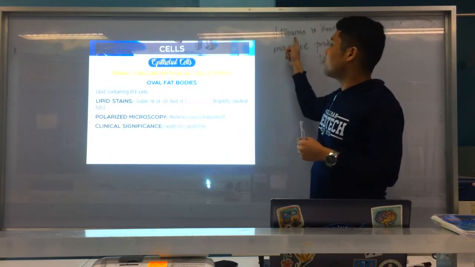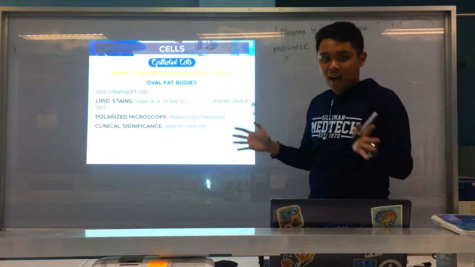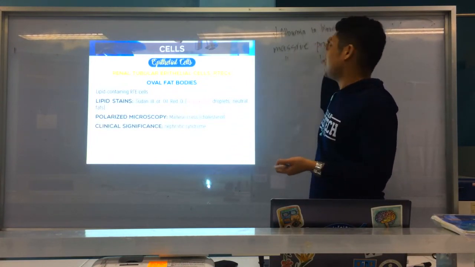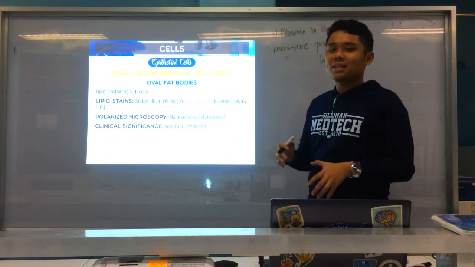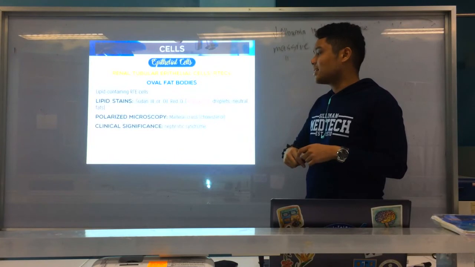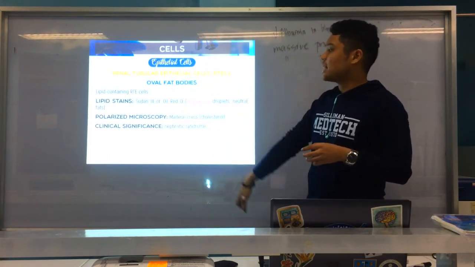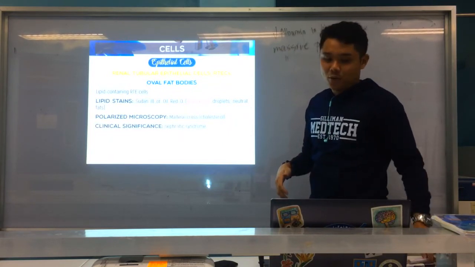If there is no albumin to retain it, fluids leak out into the interstitial spaces, causing edema. So again: massive proteinuria, massive lipiduria, nephrotic syndrome, and oval fat bodies are seen in nephrotic syndrome because of massive lipiduria and proteinuria.